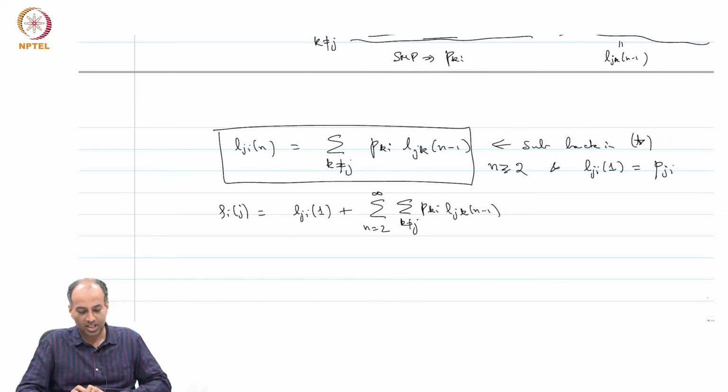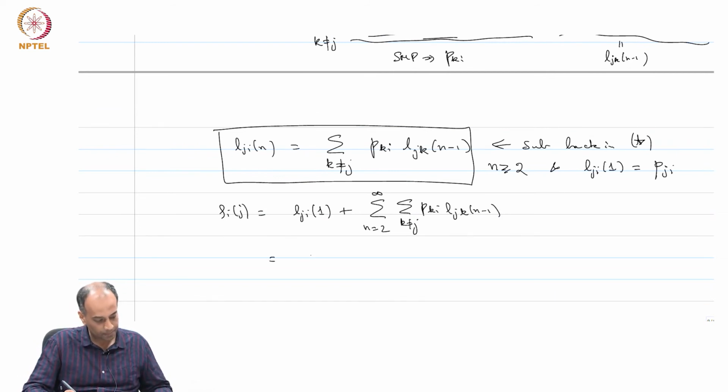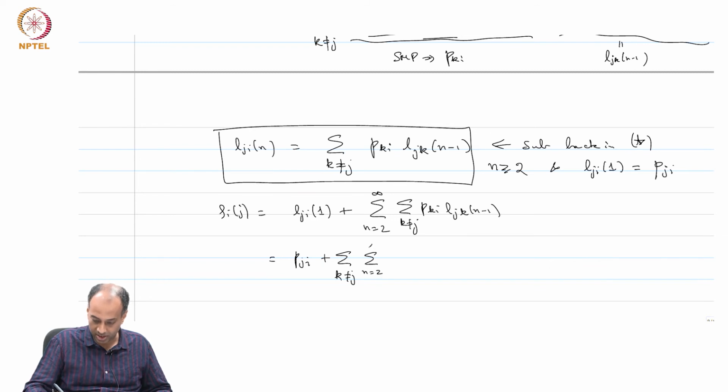What is L_ji of 1? I know this is equal to P_ji, plus, if you will allow me to interchange the orders of summation because everything is non-negative, I will write the sum over k not equal to j, sum over n equals 2 to infinity of p_ki L_jk of n minus 1.